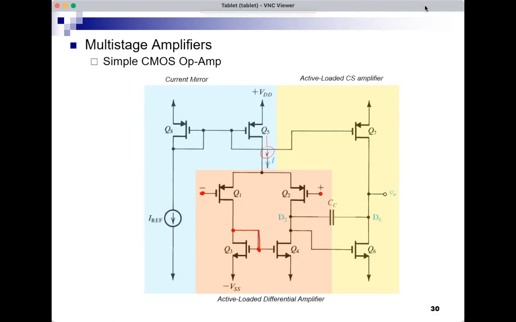The yellow sub-circuit is an active loaded common source amplifier. Q6 is a common source amplifier, but it doesn't have a simple RD between the output and the supply. It has a Q7. So the resistance here would be RO7, small RO7. This voltage is a DC voltage we bias.